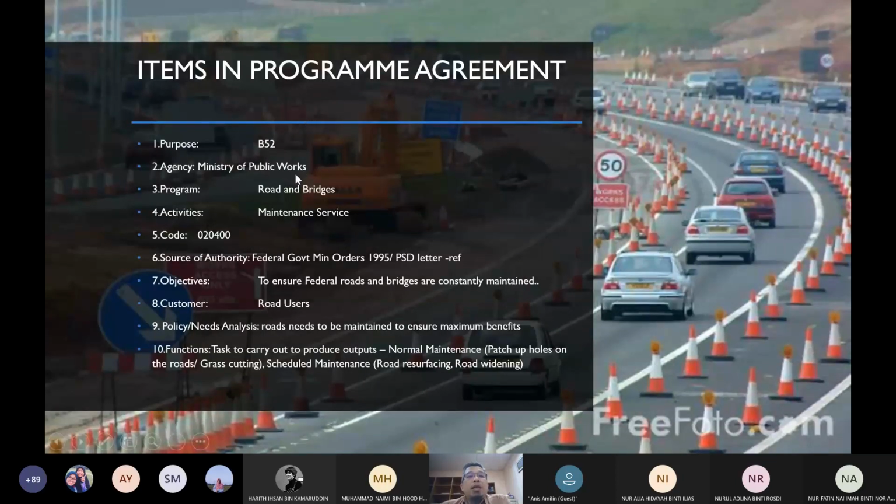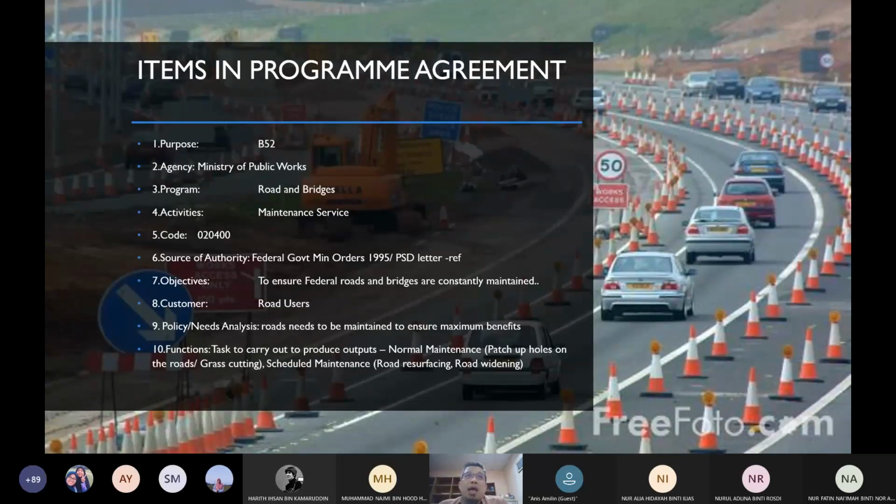The purpose, the agency is public works, the program is roads and bridges. In other words, the program should be provided budget. Within the program there must be many activities. In this example, the activity is road maintenance services. You can see this from time to time on public roads.